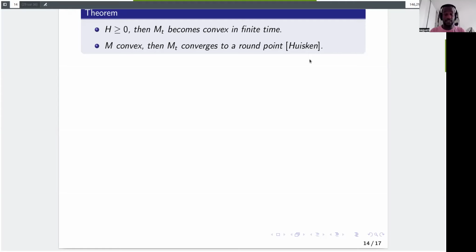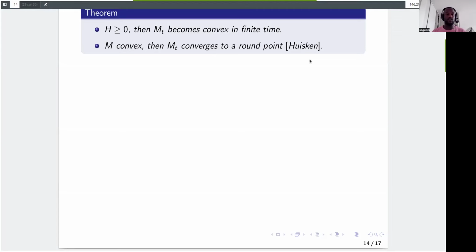Okay, and this is okay. The first result is true because the mean curvature flow is a quasi-parabolic equation, we have the Laplacian, and the Laplacian does its thing. The thing it does is that it increases the minimal principal curvature, and the minimal principal curvature becomes positive.